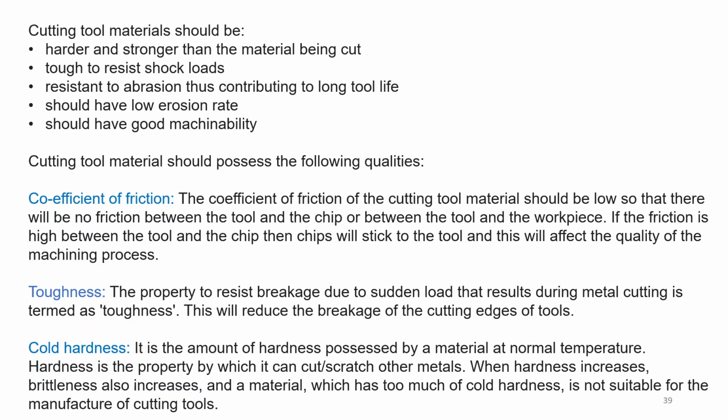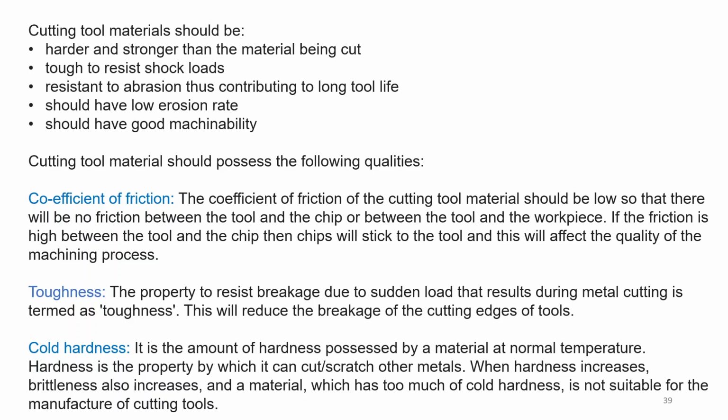Now for the cutting tool materials, these should be harder and stronger than the materials being cut. So if the workpiece material is aluminum, then the material that you use as the cutting tool should have strength higher than aluminum.